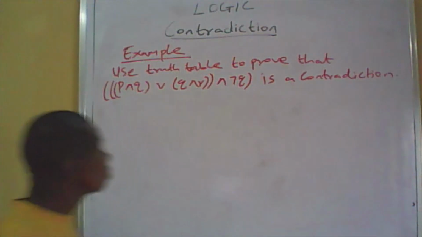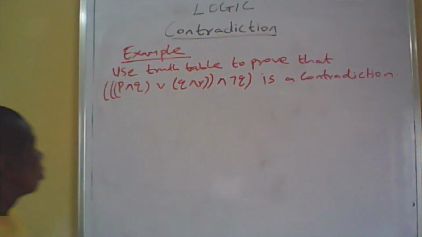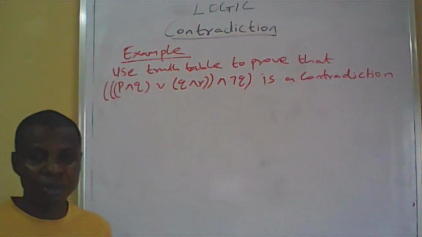Use the table to prove that P and Q, or Q and R and not Q, is a contradiction.